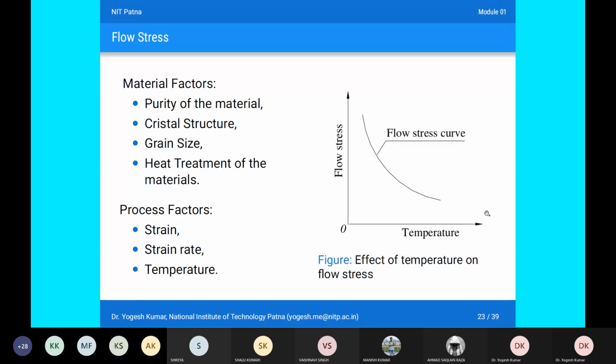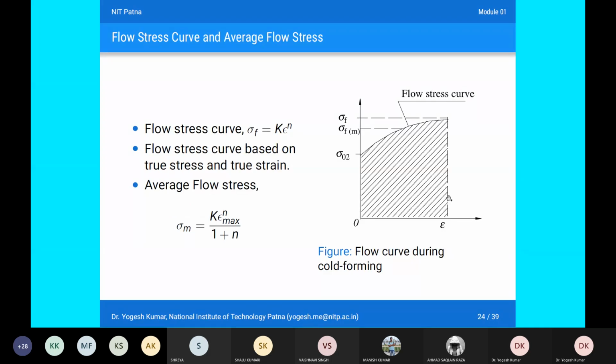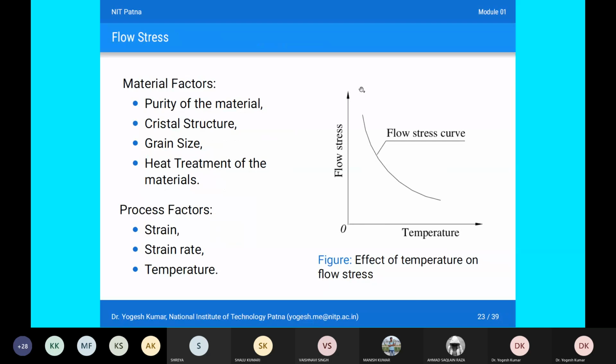You can see here the plot between your flow stress and its dependence on temperature. Your flow stress is slowly decreasing with the increase in your temperature.